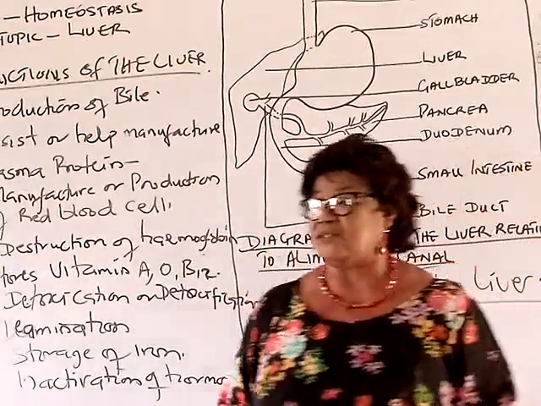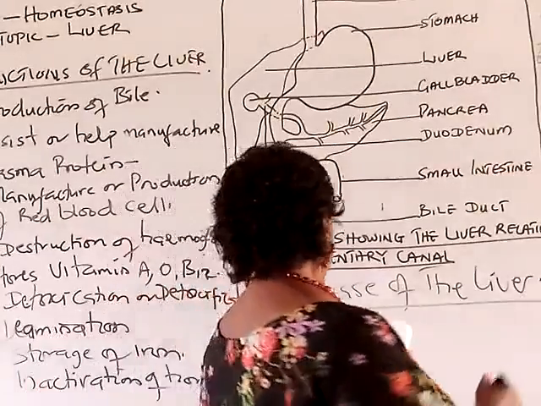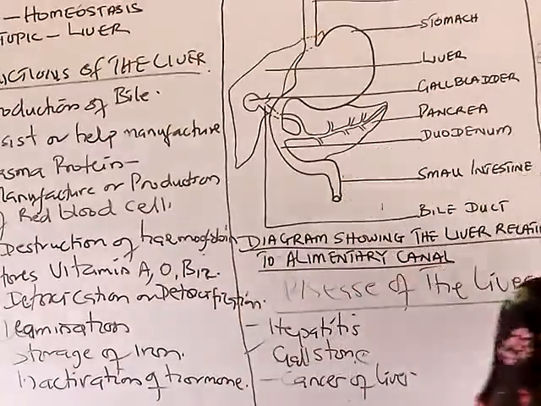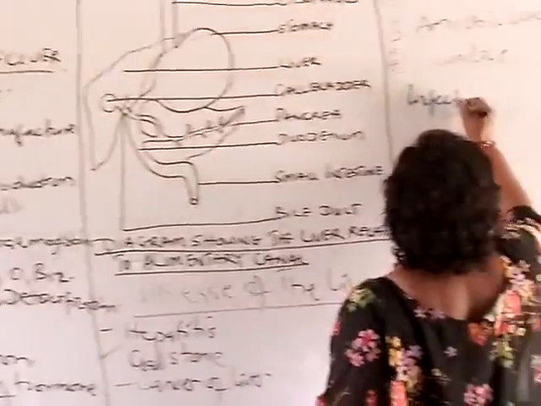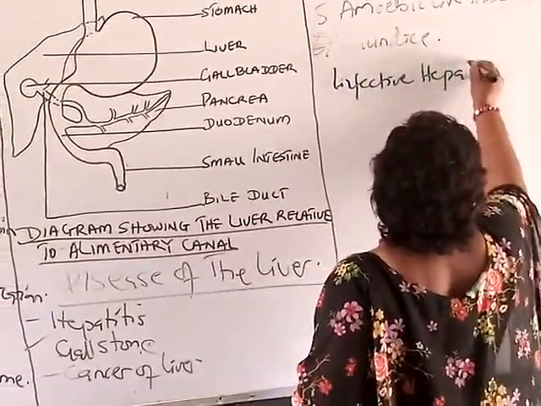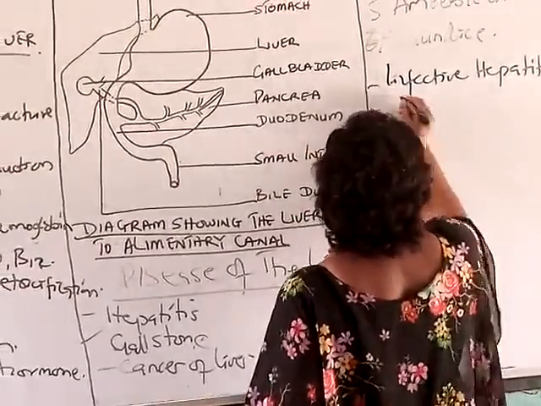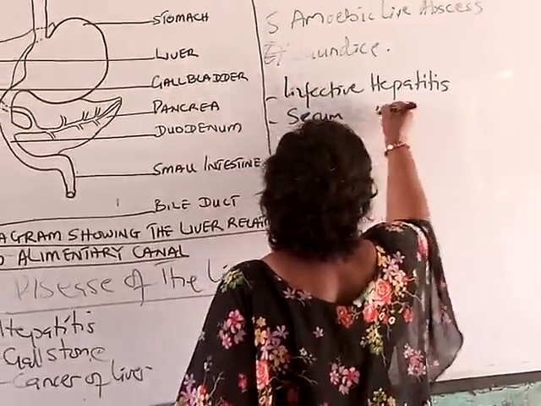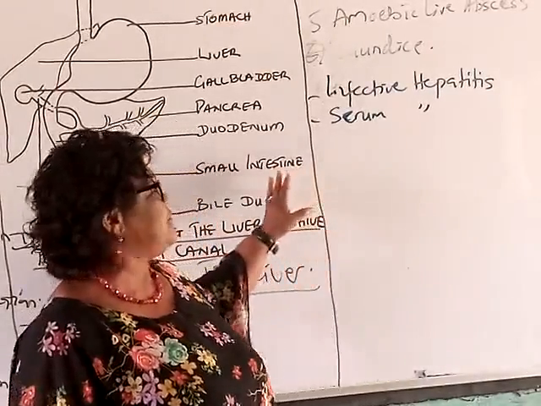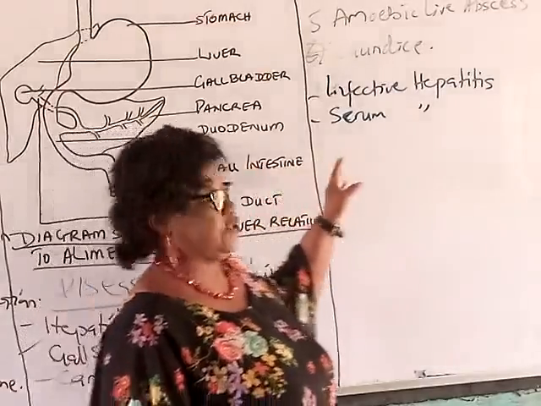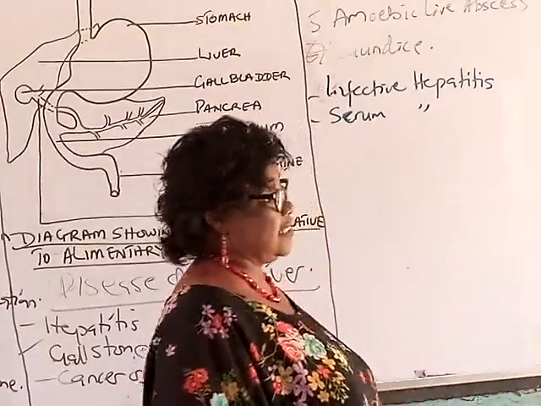Now there are two main types of hepatitis, which are caused by different viruses. The first one is what we call infective hepatitis. The second one is serum hepatitis. All these ones are caused by virus, that is viral infections. Infective hepatitis can be passed from one person to another, so long as it's caused by virus.